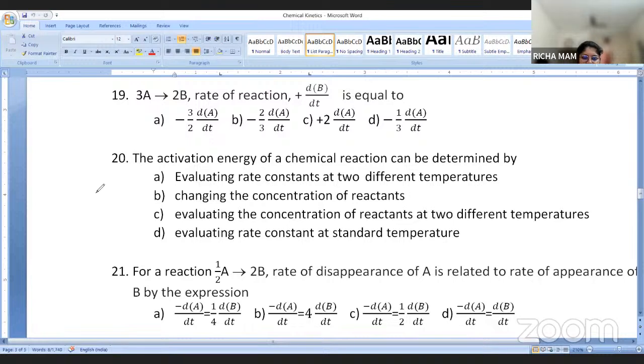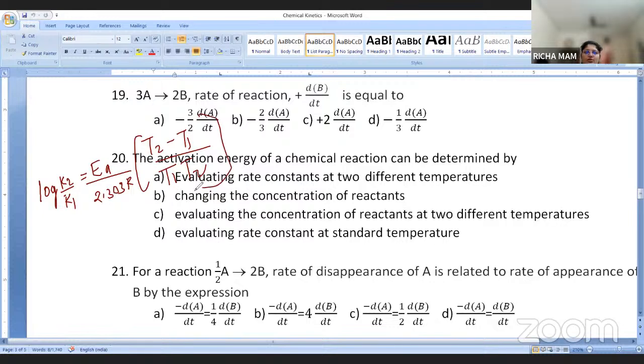So we know that for activation energy, log of K2 by K1, when we evaluate the two rate constants, Ea will be equal to 2.303 R times T2 minus T1 by T1 T2. This is the activation energy.